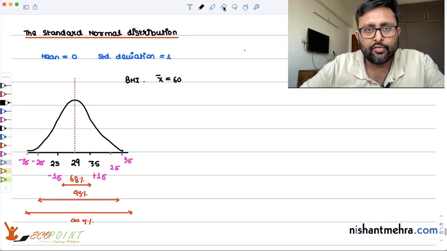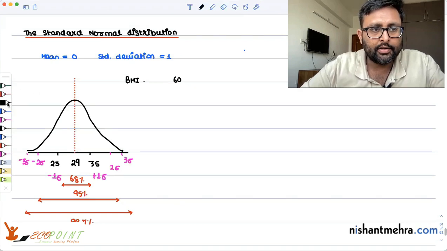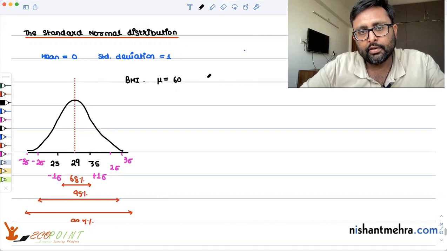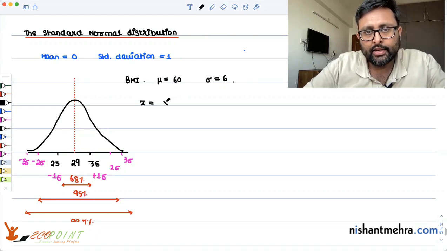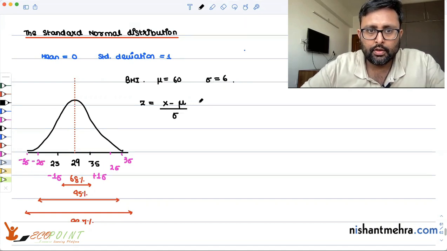So instead of X bar, I should be rather writing mu, and the standard deviation of 6. So we are saying that the standard normal variate, or Z score, is going to be this.